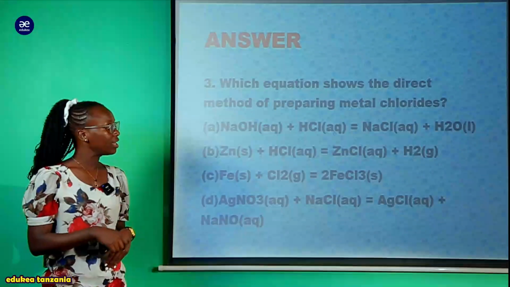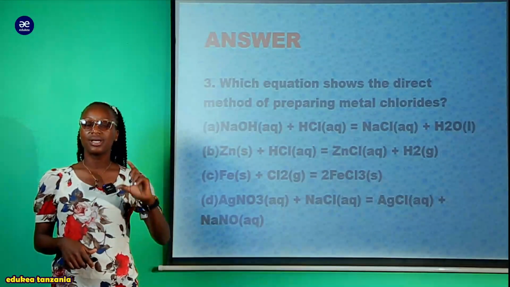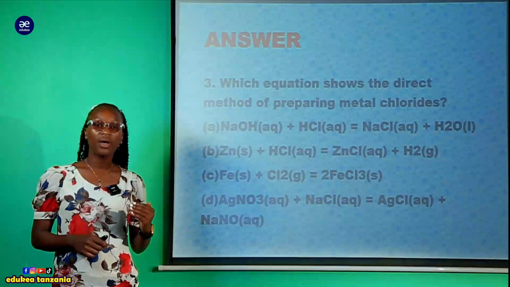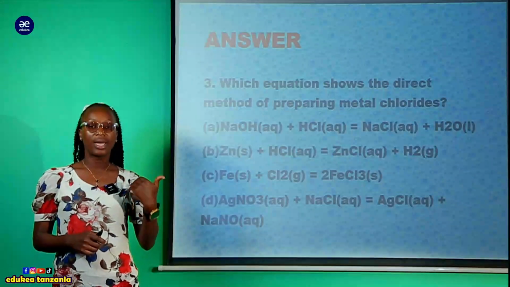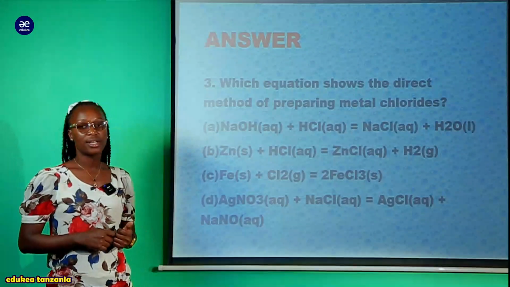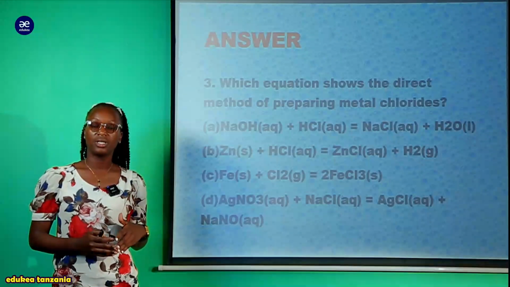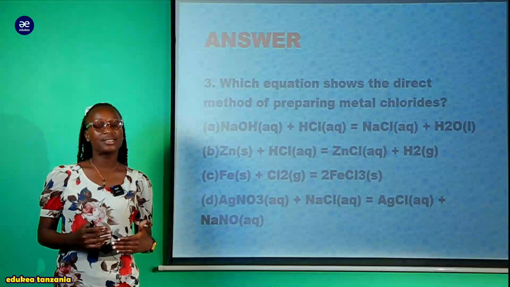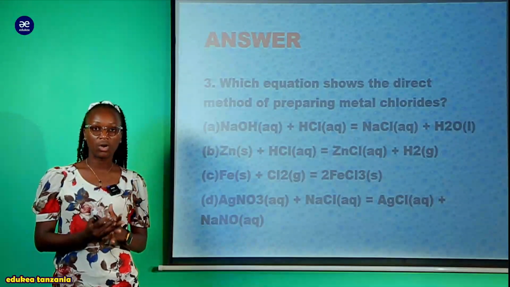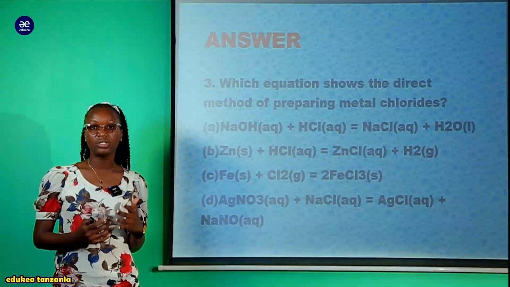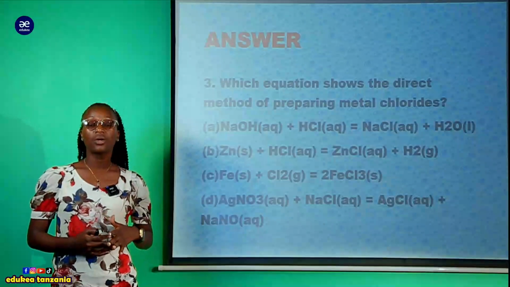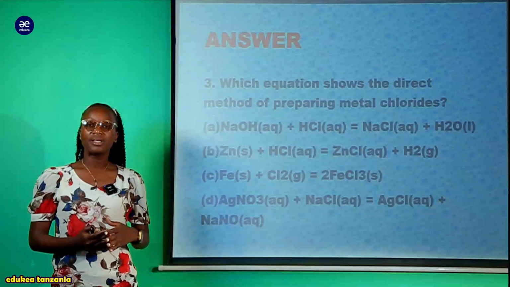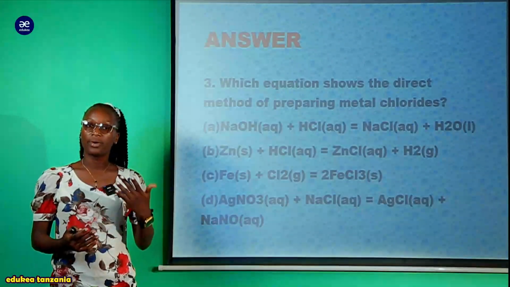Through these given equations, you have to refer to the types of reaction, where you are able to identify whether a certain reaction involves direct combination to form the chloride compound, because to form a chloride compound there are a lot of methods employed. We have double decomposition, neutralization reaction, direct combination reaction, and also some reactions which use evaporation.